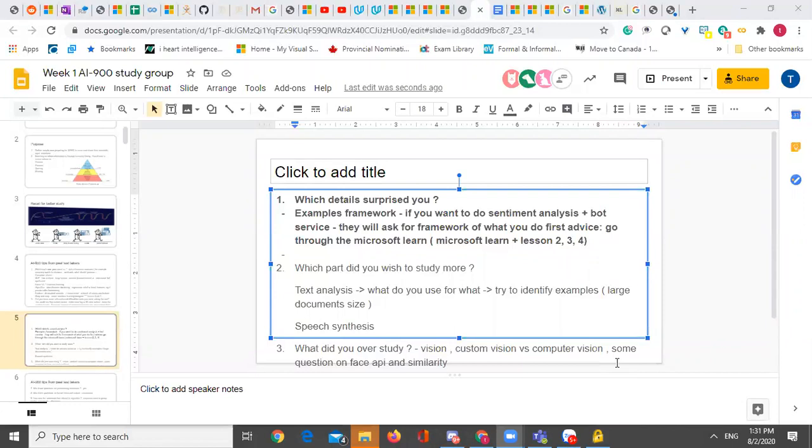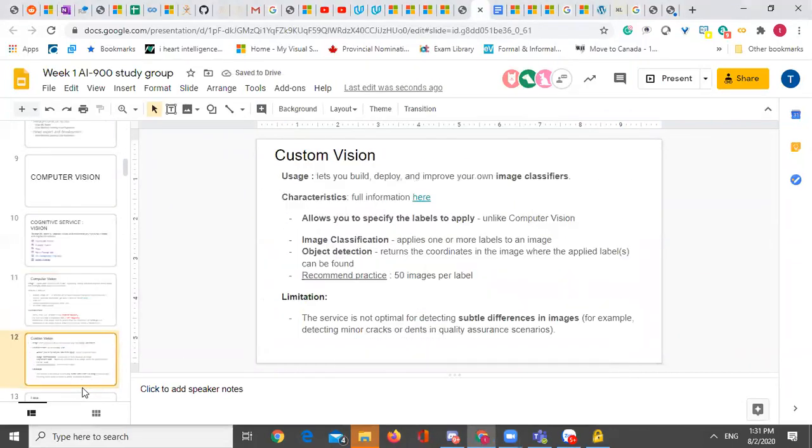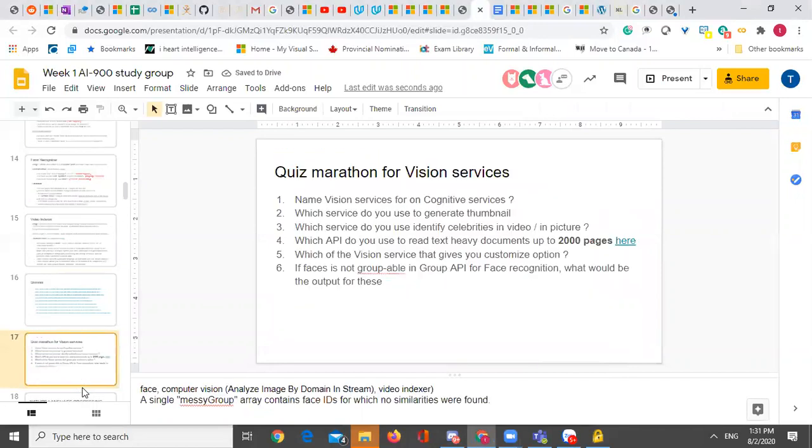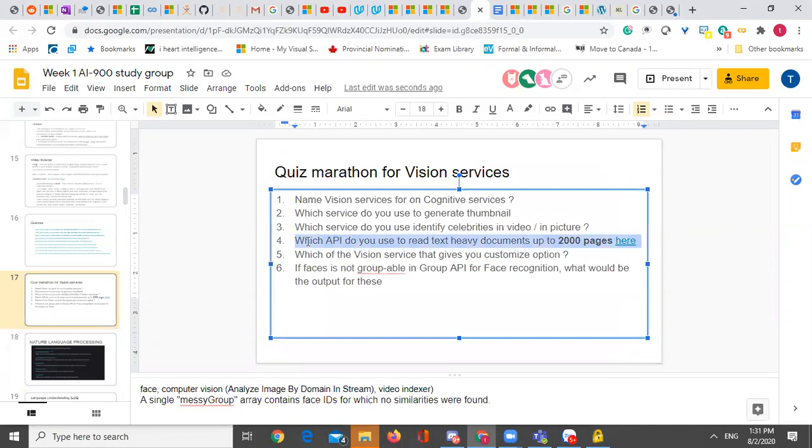Here, let me go through the computer vision marathon. Okay, it's related to this one. Which API do you use to read text heavy documents up to 2,000 pages? Saga, Yolanda, sorry for calling on you because you have been here.